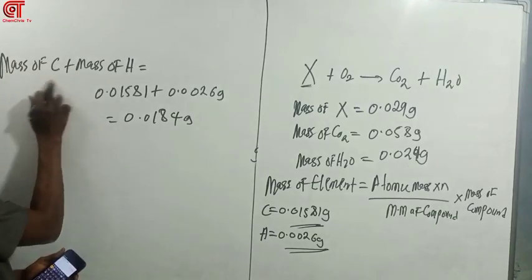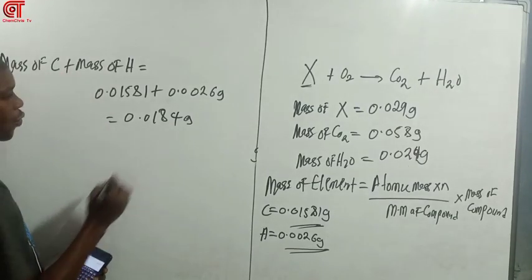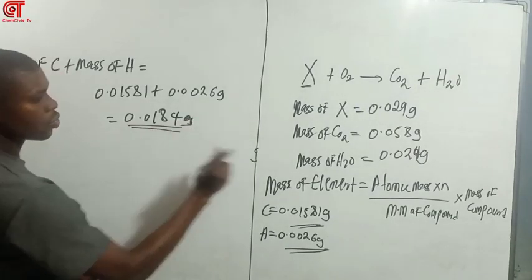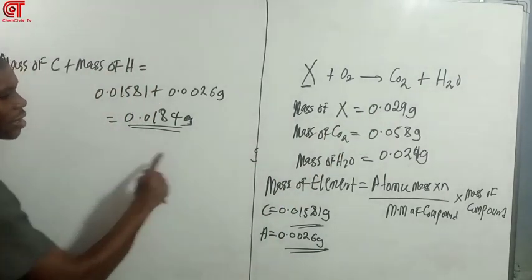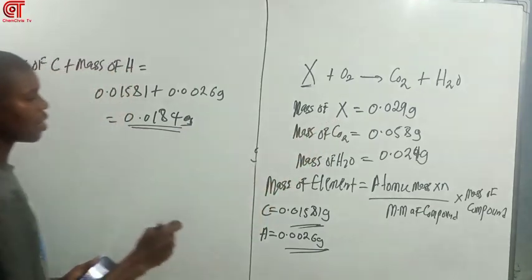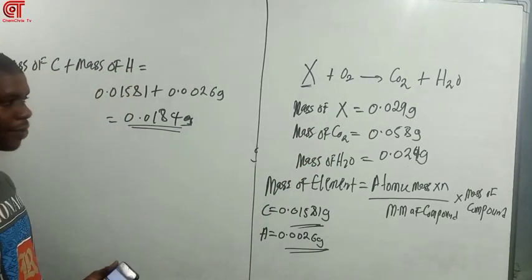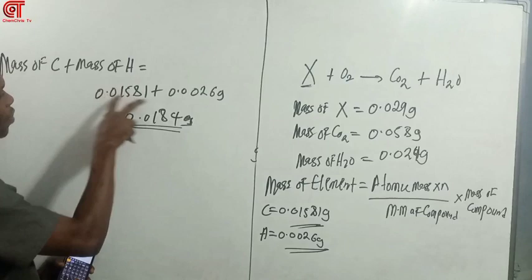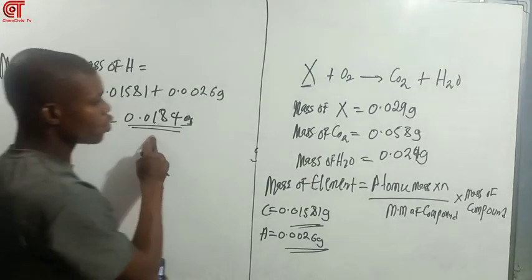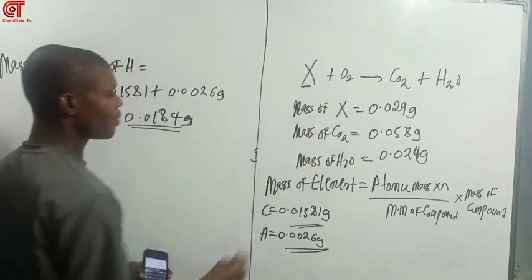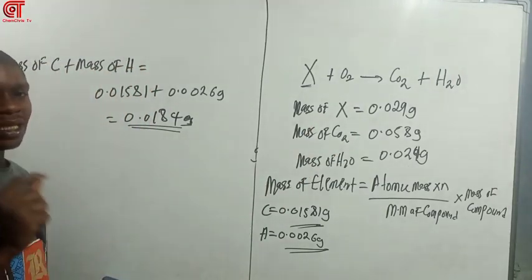So this is the mass of carbon and hydrogen, which does not equate to the mass of the compound. That compound contains carbon, hydrogen, and one other element. Whenever you add the mass of carbon and hydrogen and it does not equal the mass of the compound, you know that oxygen is present.